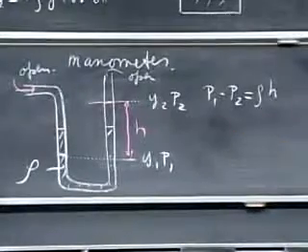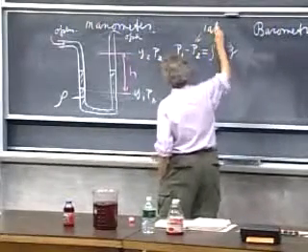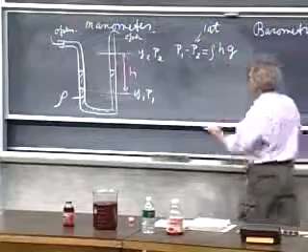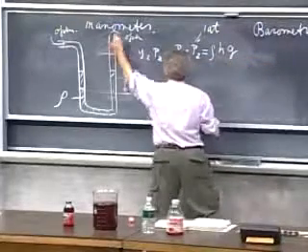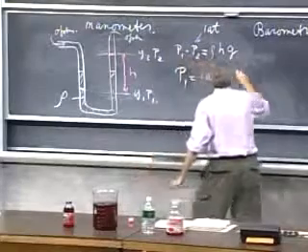I know that the p2 level is 1 atmosphere. That's correct. That's open to the world. So p1 equals 1 atmosphere plus rho h g.